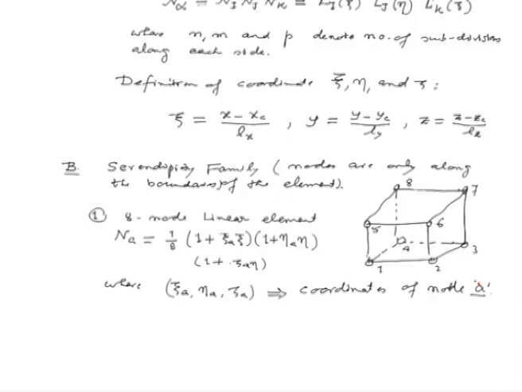So, by substituting the appropriate values, we can find the shape function corresponding to each node for this 8 node linear element.